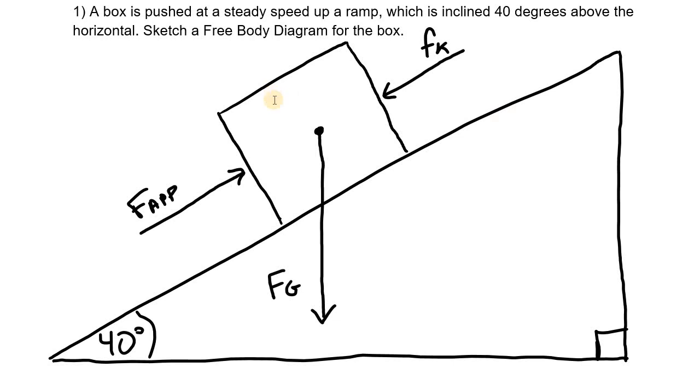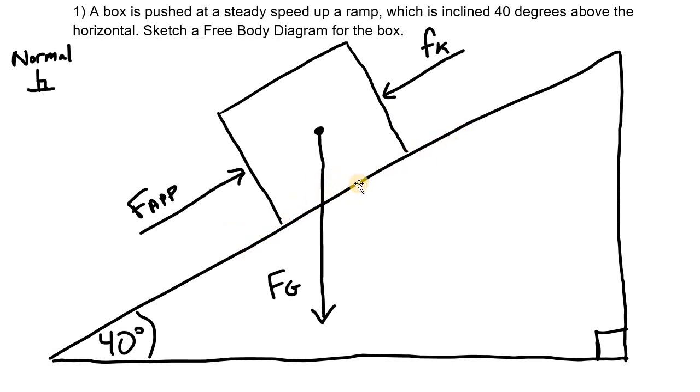Now let me tell you something that I didn't really discuss just yet: what does normal mean in mathematics? It means perpendicular. That's what normal actually means in the language of mathematics. So when we're talking about the normal force, we're going to say it's normal to the surface. If our surface is on an incline, guess what?